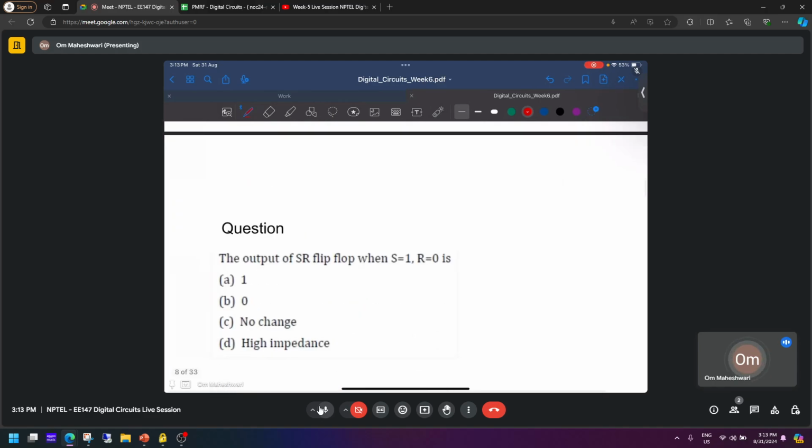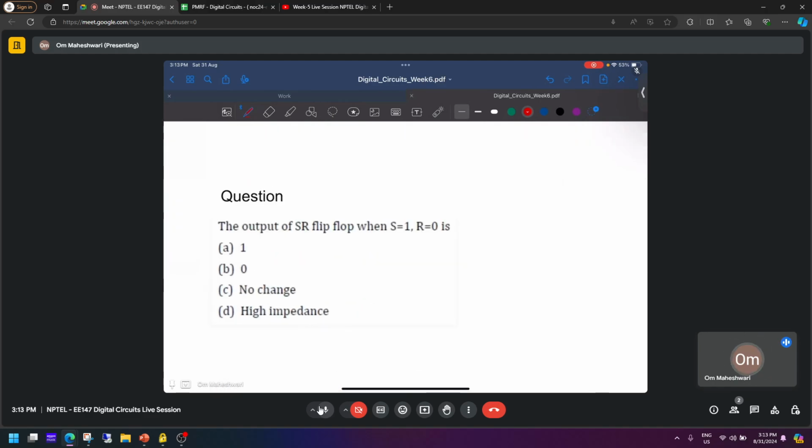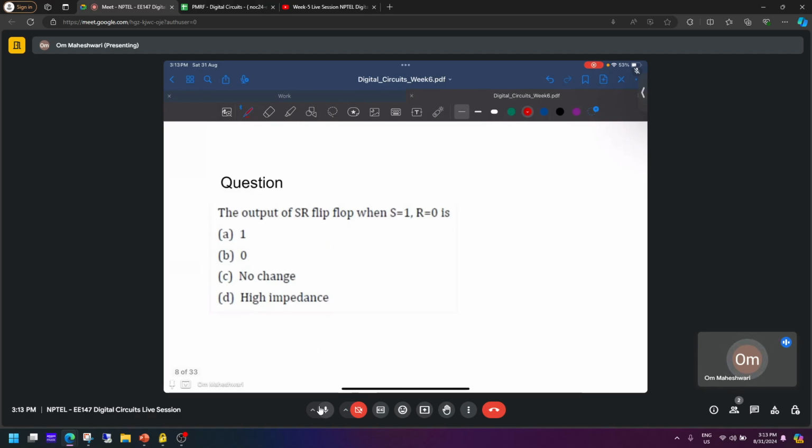So next question is, what is the output of SR flip-flop when S equals 1, R equals 0?